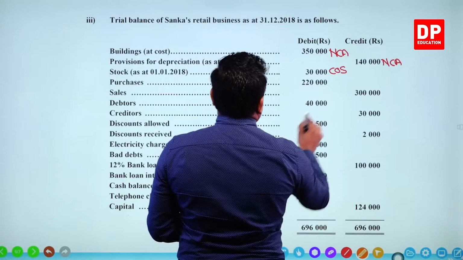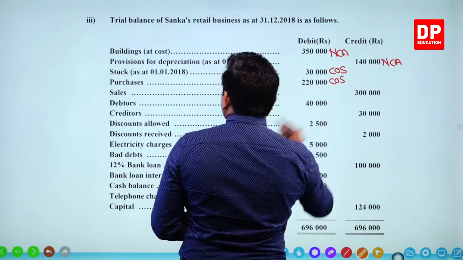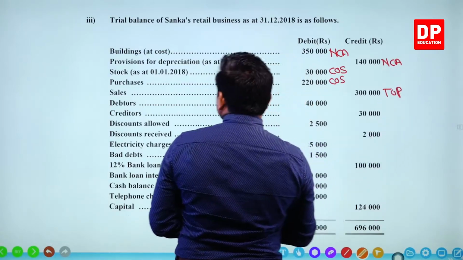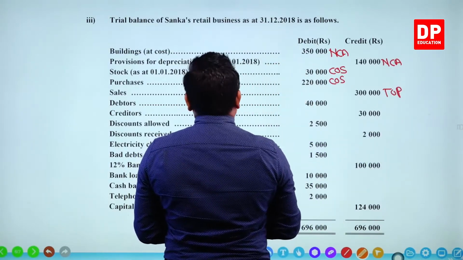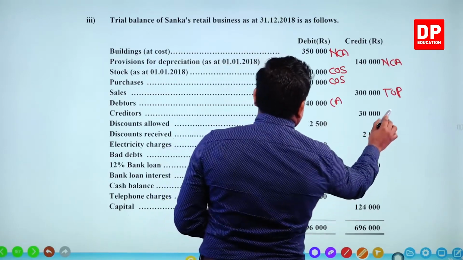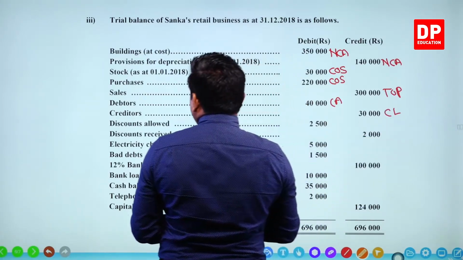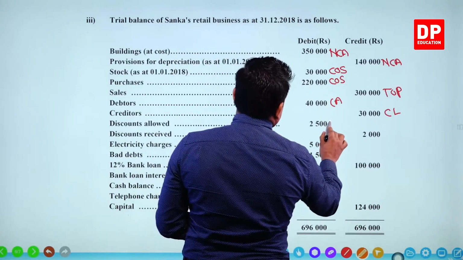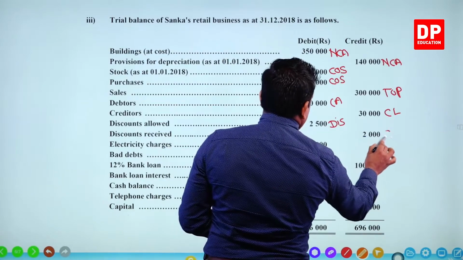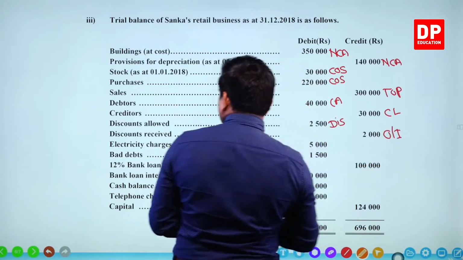Then purchases, cost of sales. Sales on the top of the profit and loss statement. Then debtors were current assets. Creditors, current liability. Quickly you can classify now. Discount allowed, distribution expense. Discount received, other income, OI.